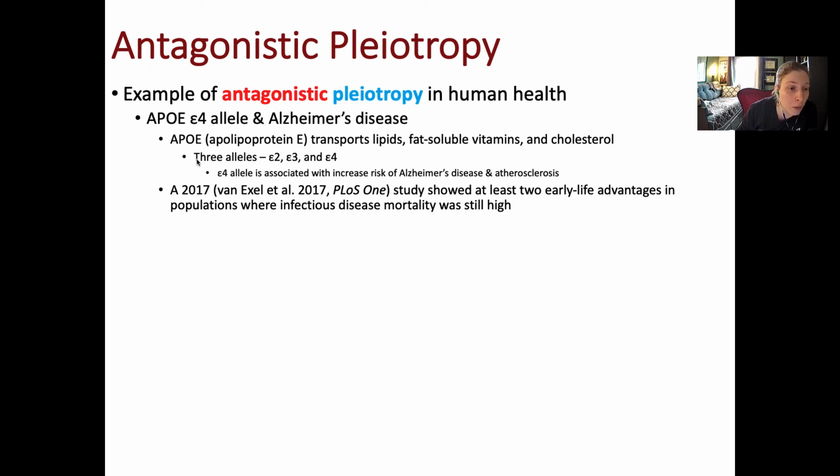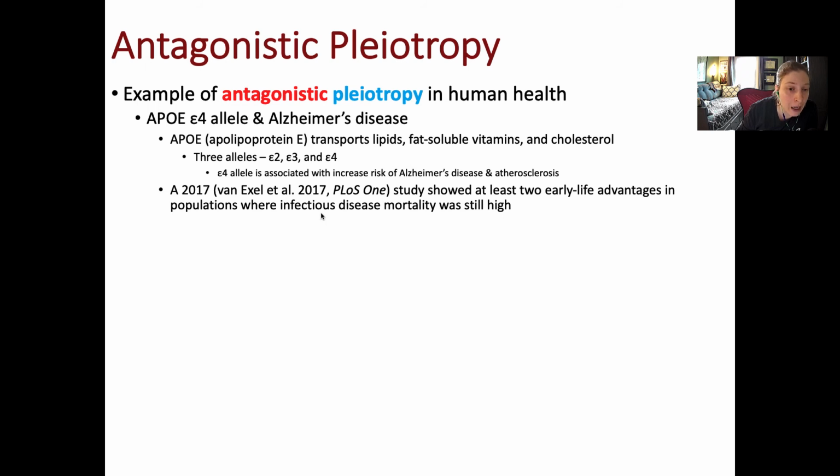In the human population, there are three alleles: epsilon 2, epsilon 3, and epsilon 4. The epsilon 4 allele is associated with a higher risk of both Alzheimer's disease and atherosclerosis, which is a heart condition.